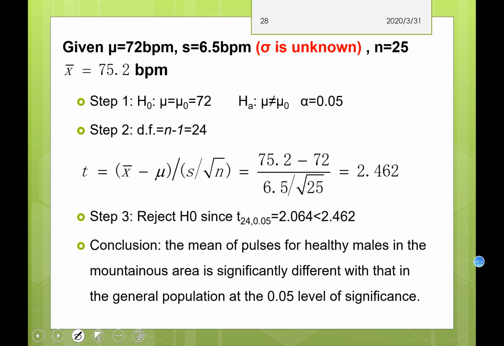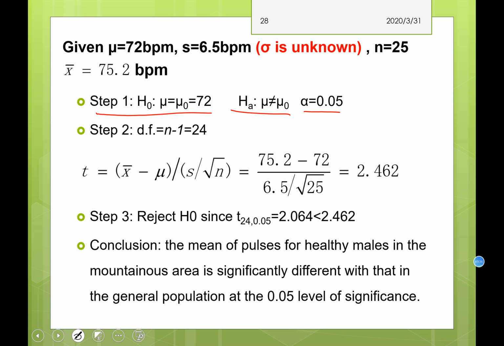Okay, so this is the procedure for the hypothesis test of t-test. The first step is to establish the statement of the hypothesis. H0 is mu equals mu 0, and HA is mu is not equal to mu 0. Alpha equals 0.05.